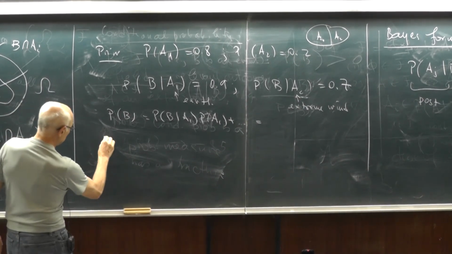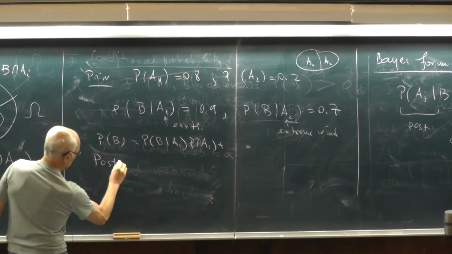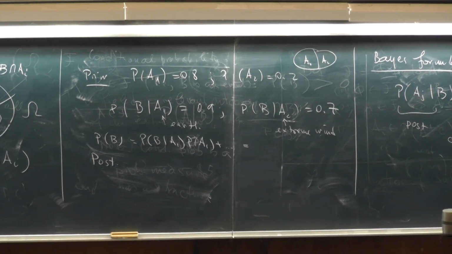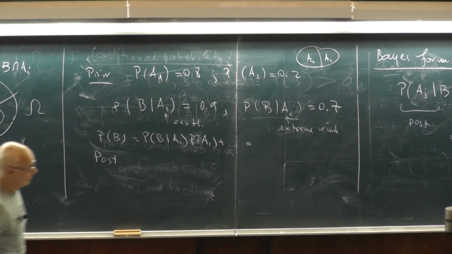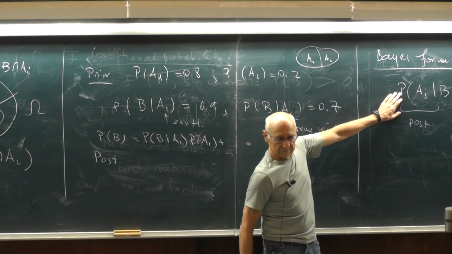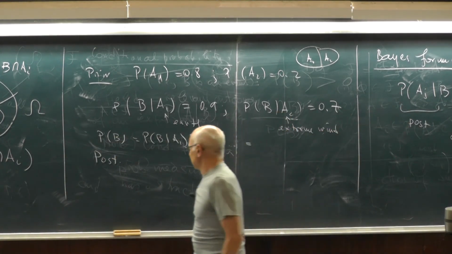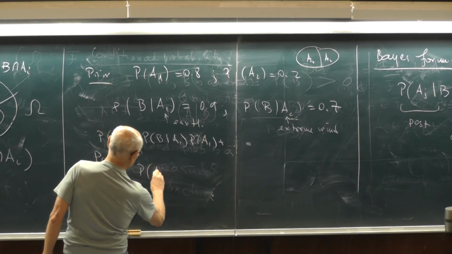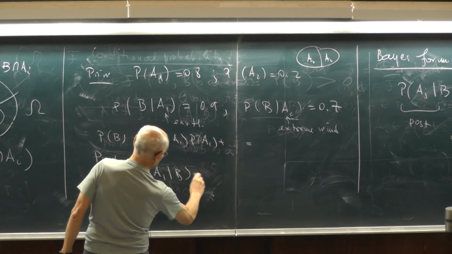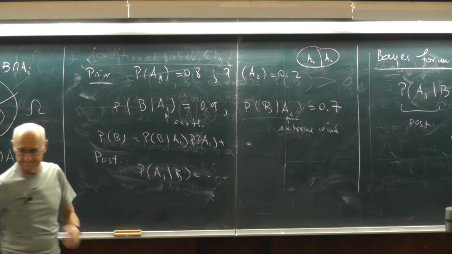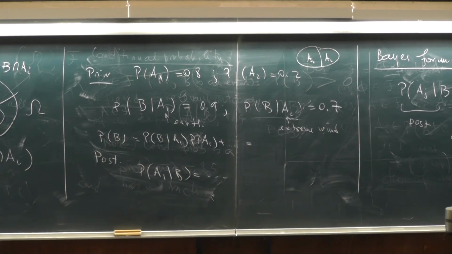And the posterior probability of earthquake and wind comes from the Bayes formula. Okay. So I think you can try to fill in the numbers, and if it's not clear, we can look them over in the afternoon.